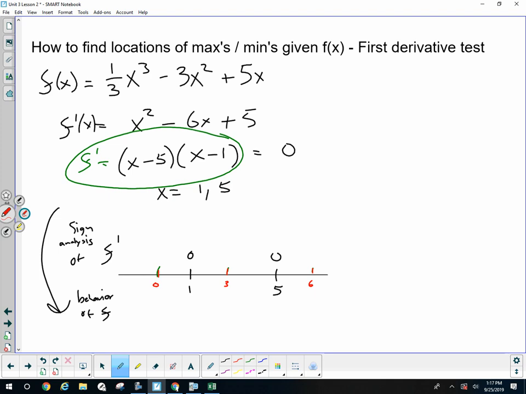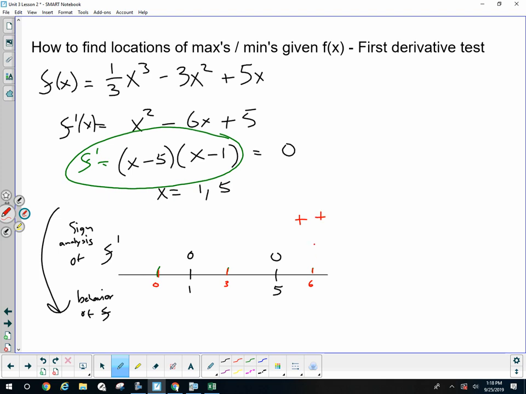Plug in 6 into here. Plug in 6. 6 minus 5, I'm not going to write down 6 minus 5. I'm just going to do in my head that 6 minus 5 is a positive. 6 minus 1, positive.